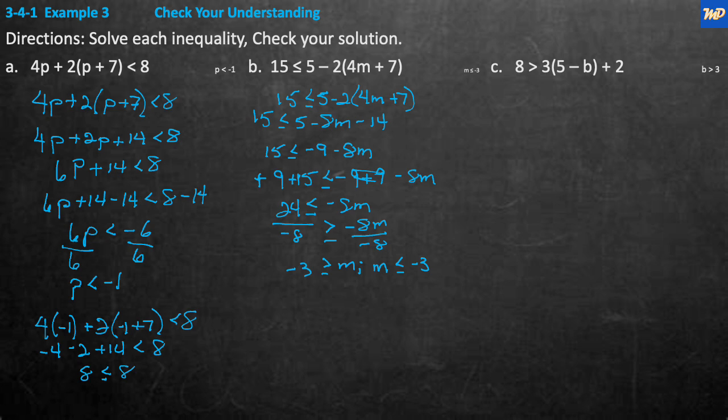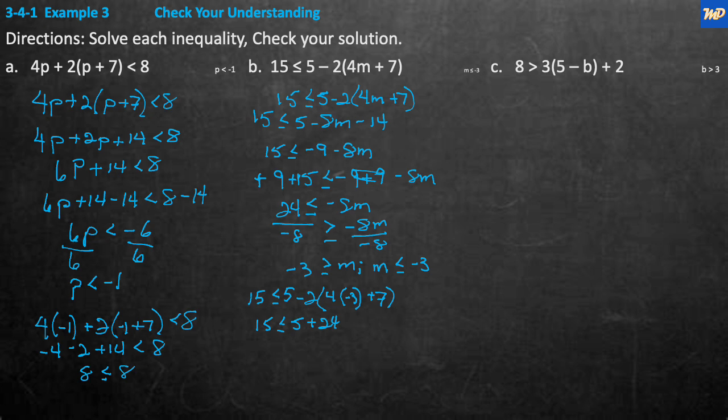We're going to check this to make sure our math is correct. In doing so, we're going to say 15 is less than or equal to 5 minus 2 times 4 times negative 3 plus 7. Now when we simplify this, we're going to get 15 is less than or equal to 5 minus 2 times negative 12, which is plus 24, right?